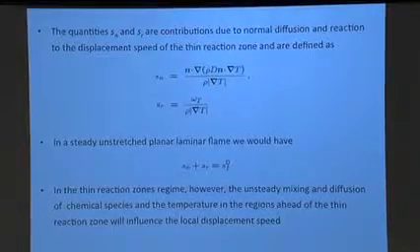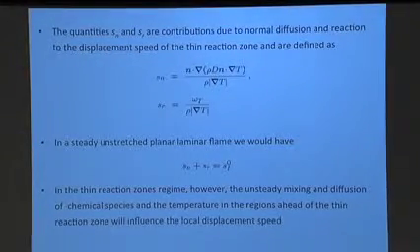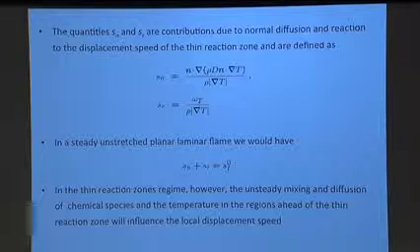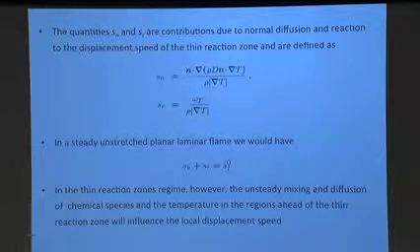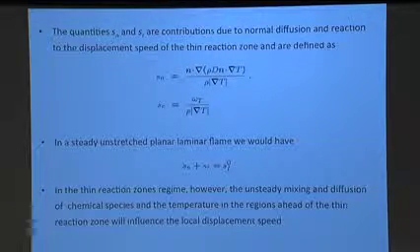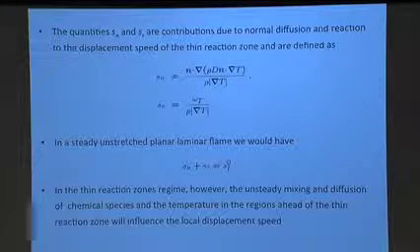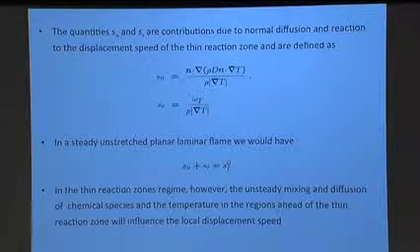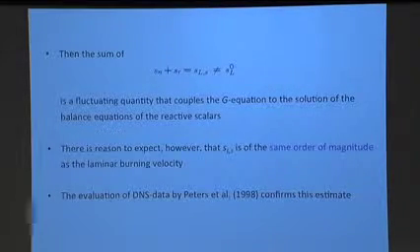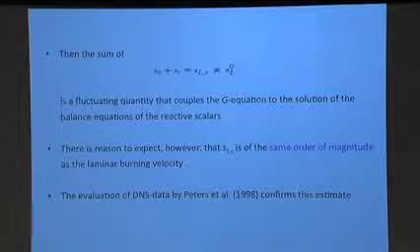So we had three contributions. One was curvature, one was normal propagation, and one was reaction. Now we say the normal propagation plus reaction, these together are just SL, and the curvature part stays there. Now what's pointed out here is that this is of course not exactly right.